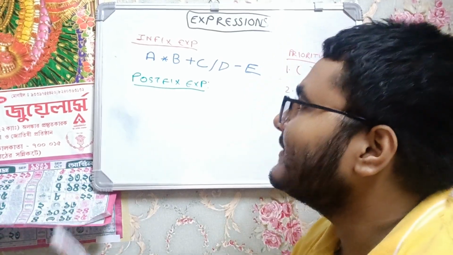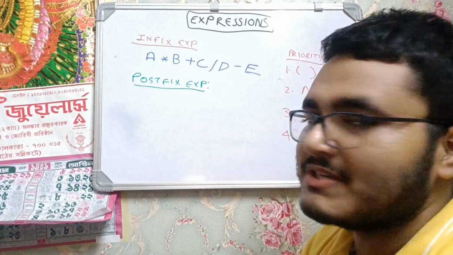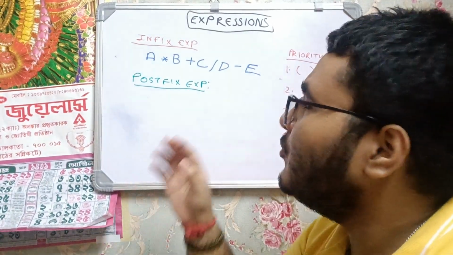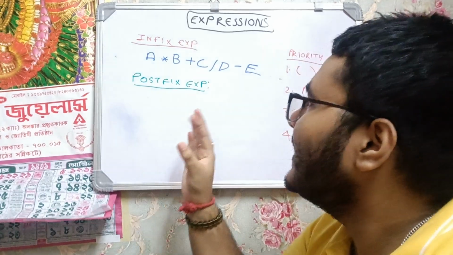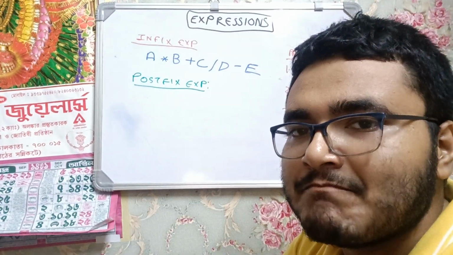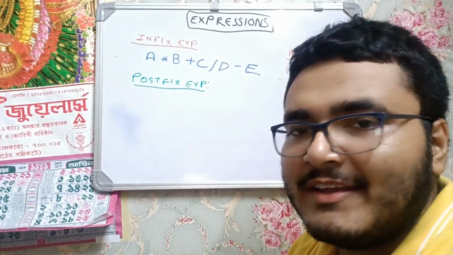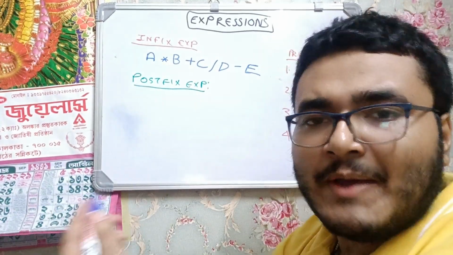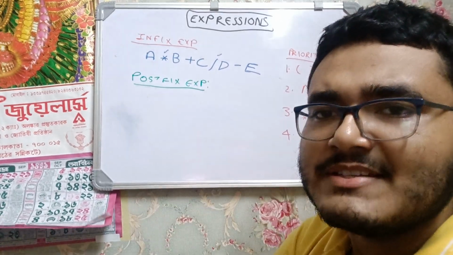So now, in this whole expression, which operators have the highest priority? Just pause the video and think for a while. Ready? Absolutely, it is the multiplication asterisk and the division, yes or no?